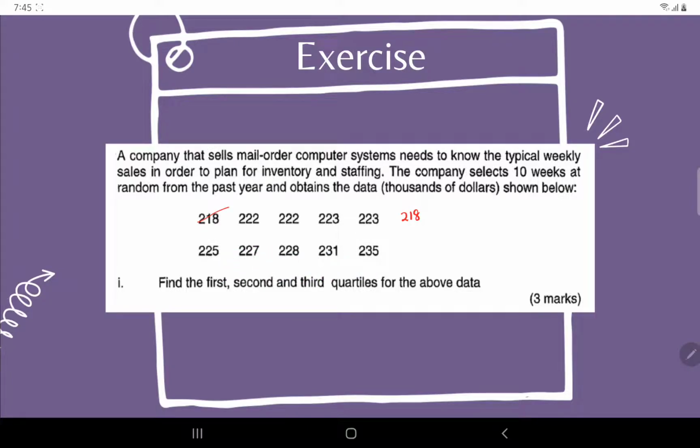It is already in order, so we do not need to reorder again. It is actually already arranged from the lowest to the highest. So we need to find the position first. Position for quartile.